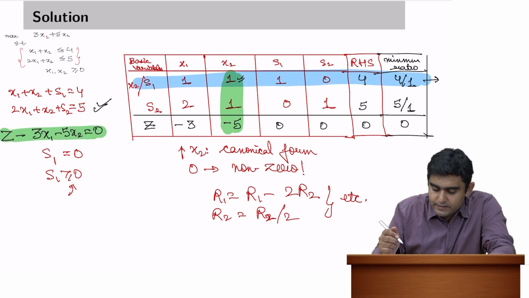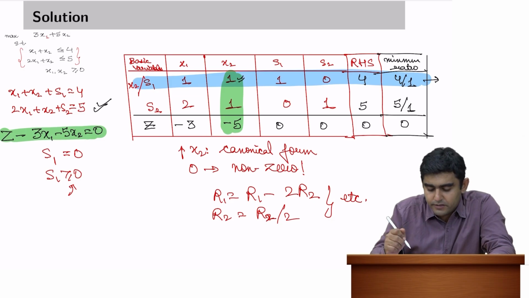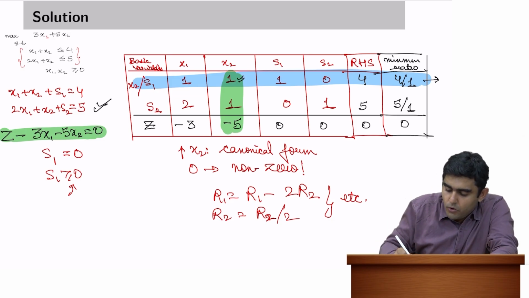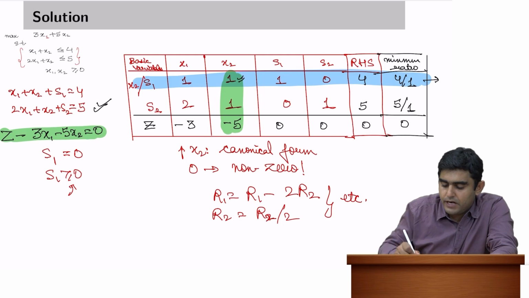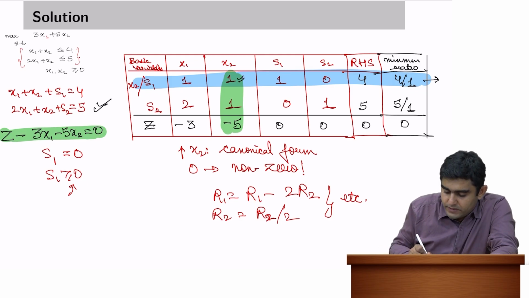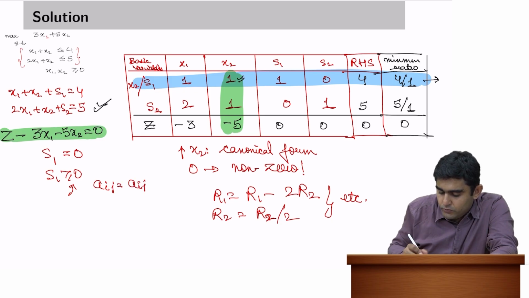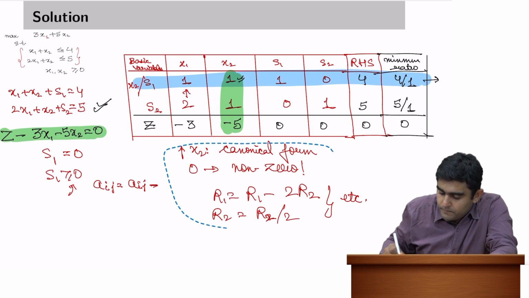So in this case, we apply a very simple trick: for all the elements outside the highlighted columns and rows, their updated value Aij would be their original value minus the value we see in their corresponding row.